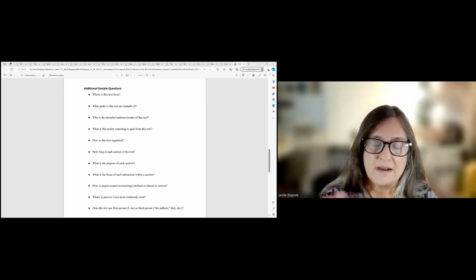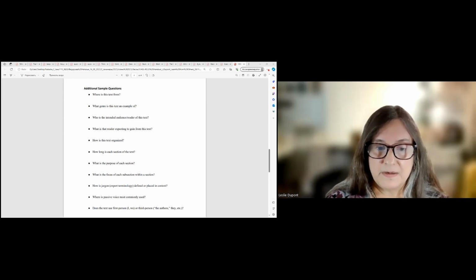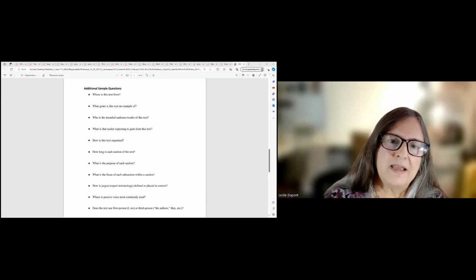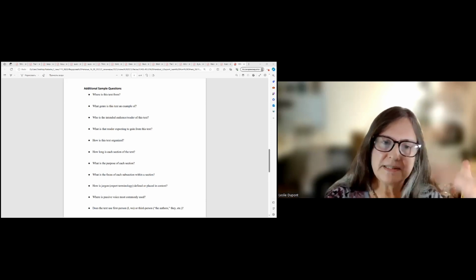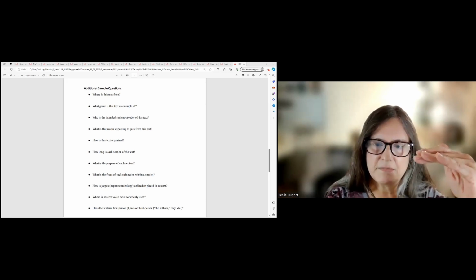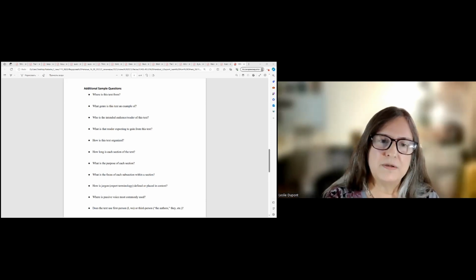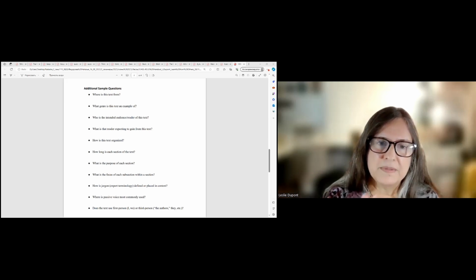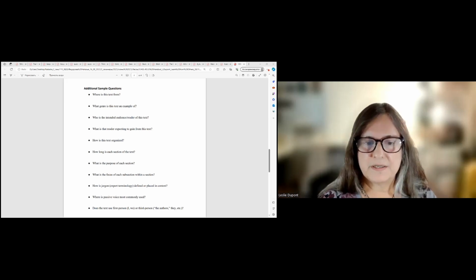So you can customize these lists in any way you want. The other thing is, you can excerpt, just copy and paste sections into a blank document for yourself. That's another way you can use these questions, in separate documents for separate mentor texts.